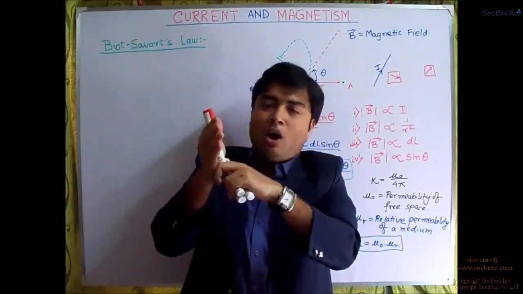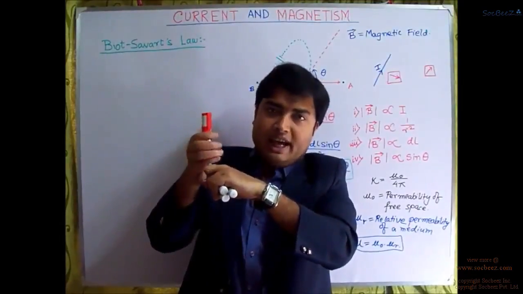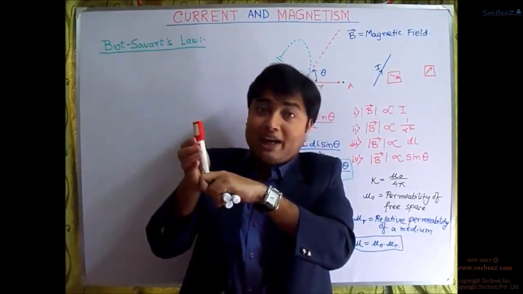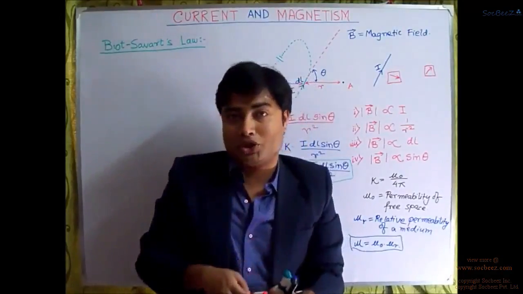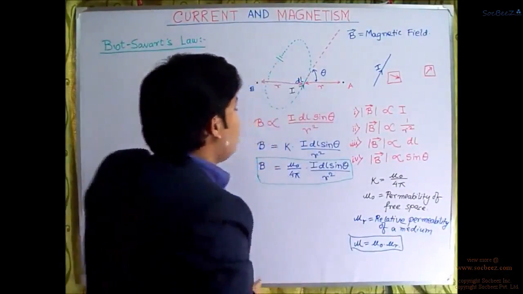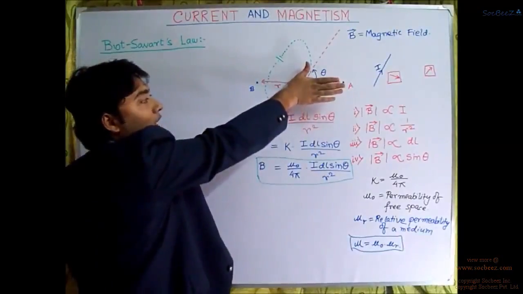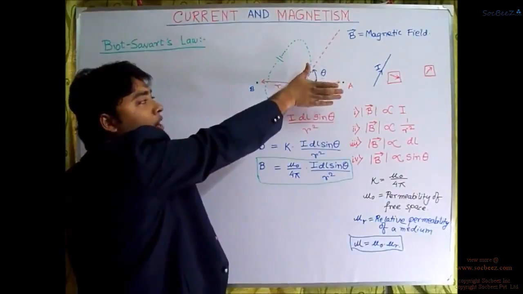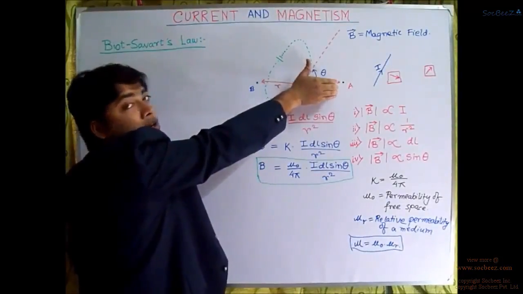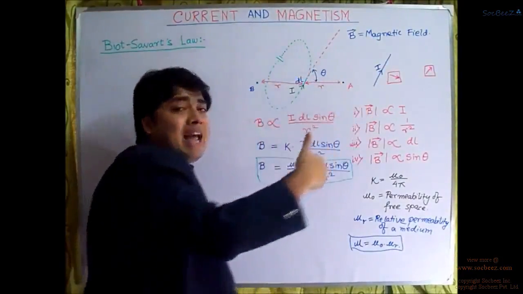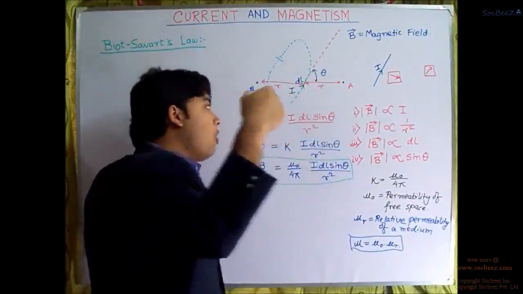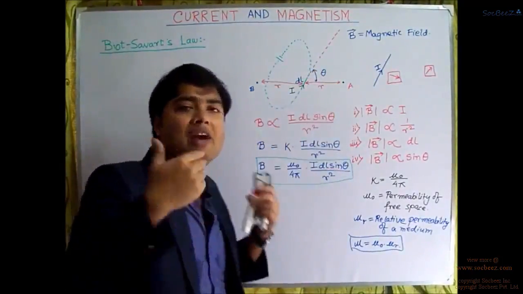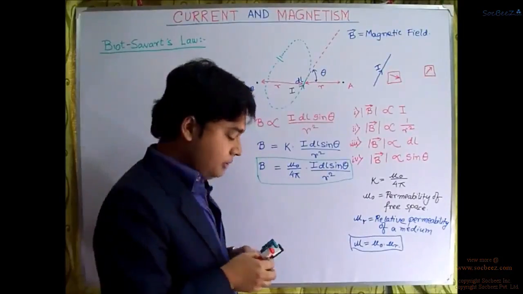Then the curling of the other fingers will indicate the direction of the magnetic field being produced, right? So if I hold this one like this, now see, the curling of my other fingers will be over here. It will try to penetrate this whiteboard, to go inside the paper, to go away from the reader, right?